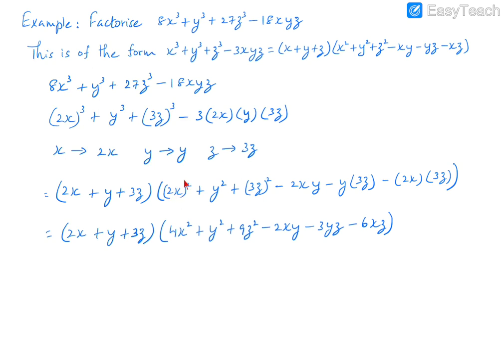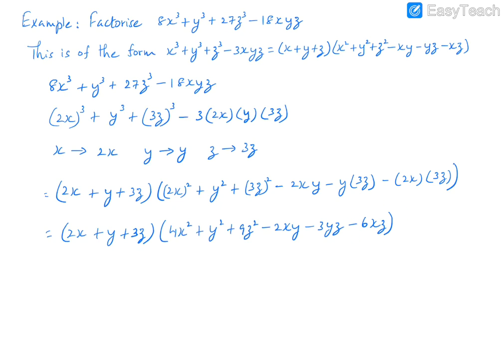Okay, so we just squared these terms. So 2x the whole square is 4x square and 3z the whole square is 9z square, and the rest of the terms we just simplify. Minus 2xy minus 3yz minus 2 into 3 is 6xz. Okay, so that is our final expansion.